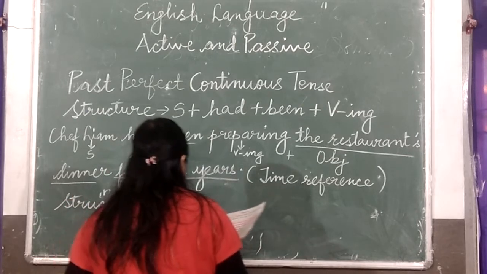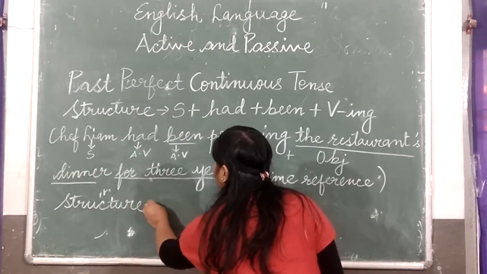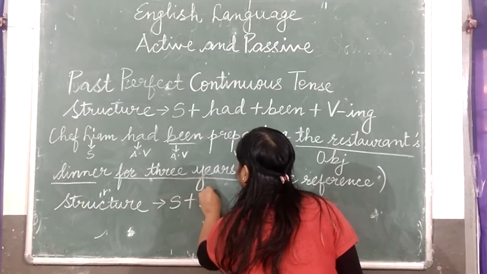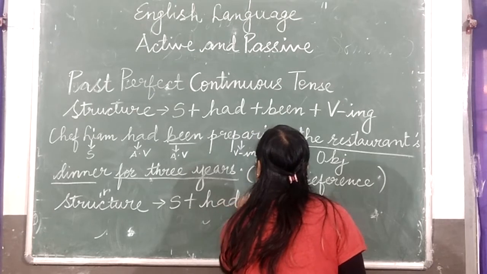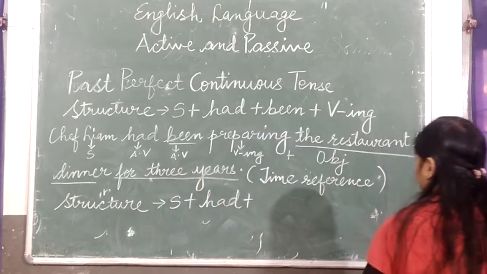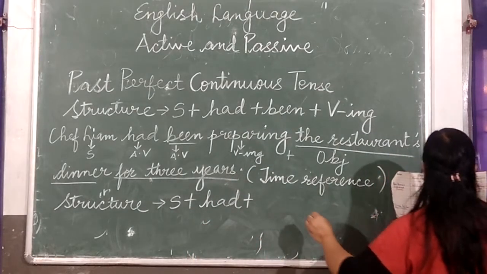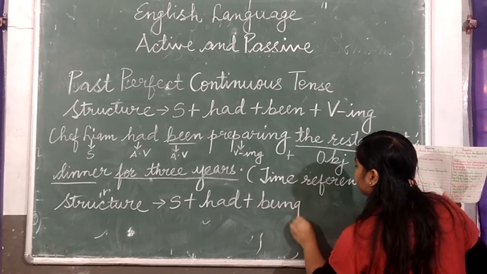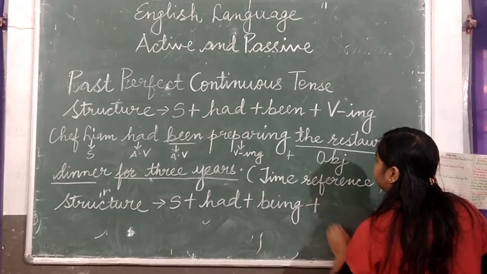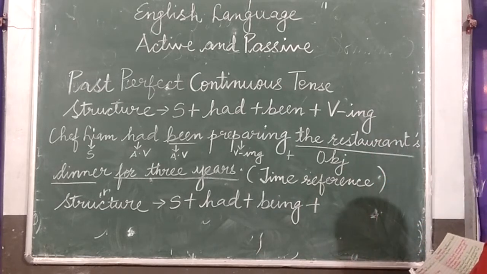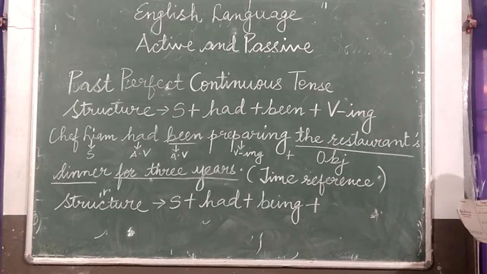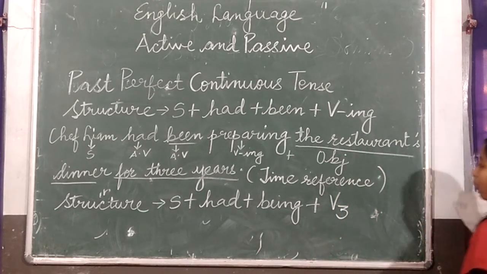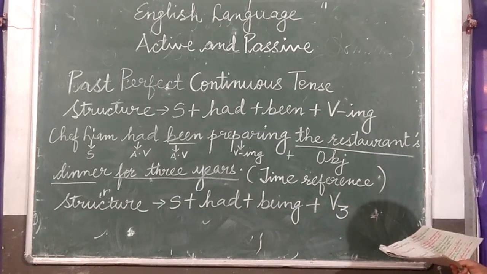The subject has to be there plus had, plus be, plus V3 form of the verb, that is the past participle form of the verb. It has to be there.